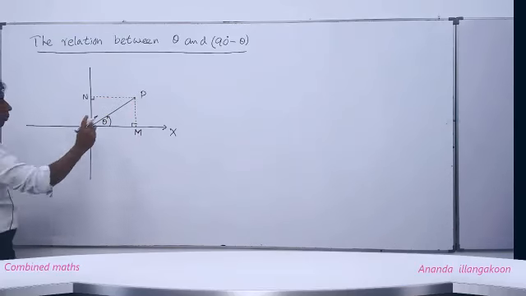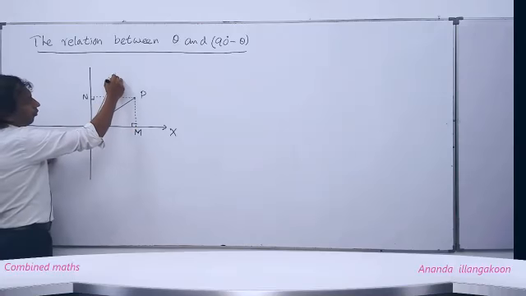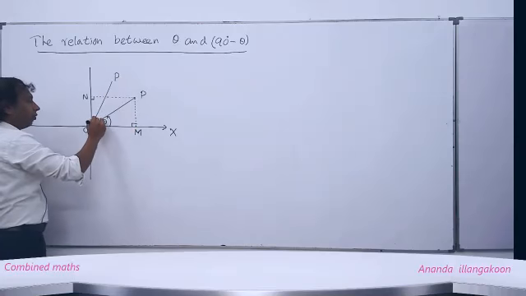Now I bring this OP to a new position. At that new position, people, the OP must make an angle 90 minus theta with this x-axis. This angle should be 90 minus theta. People, but you know this whole angle is what? 90, no?